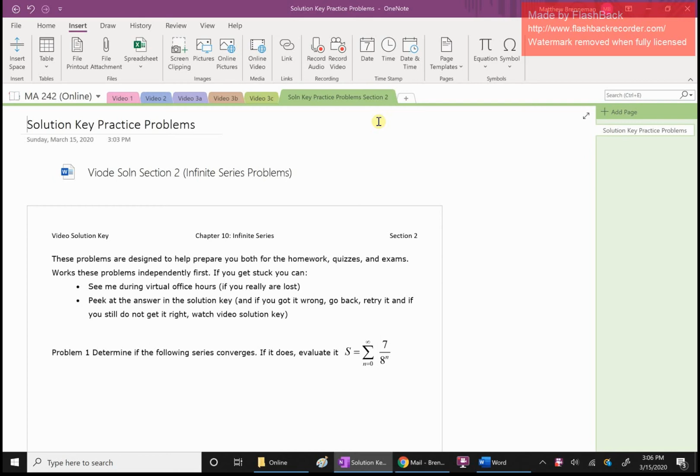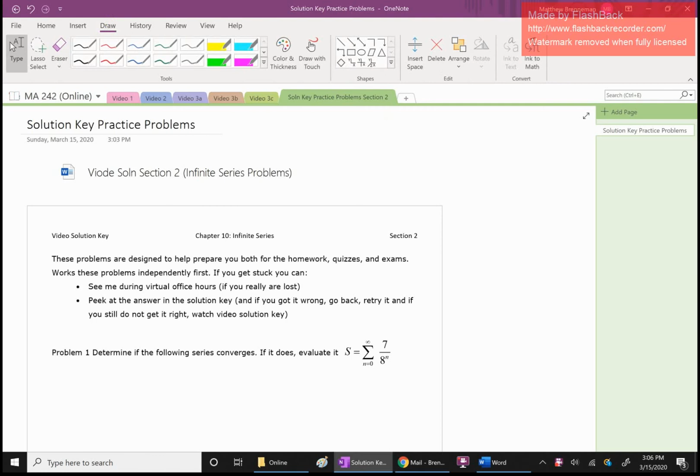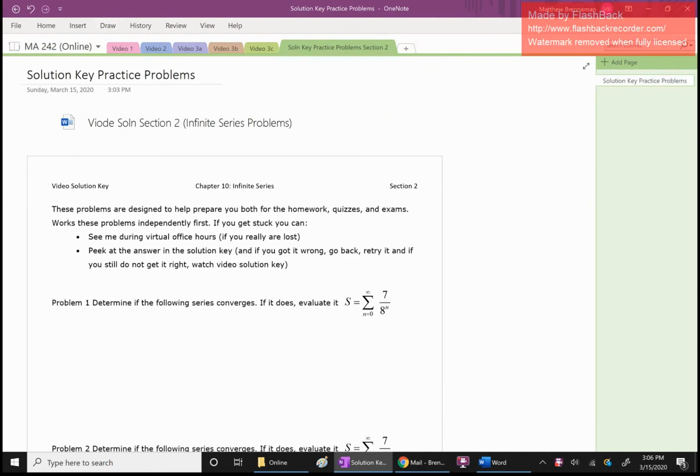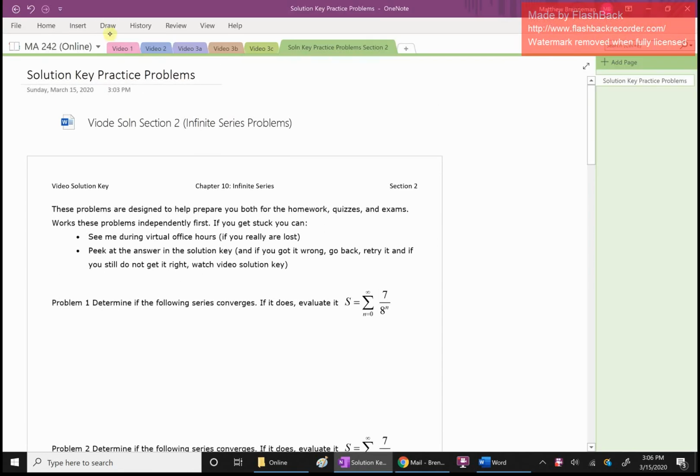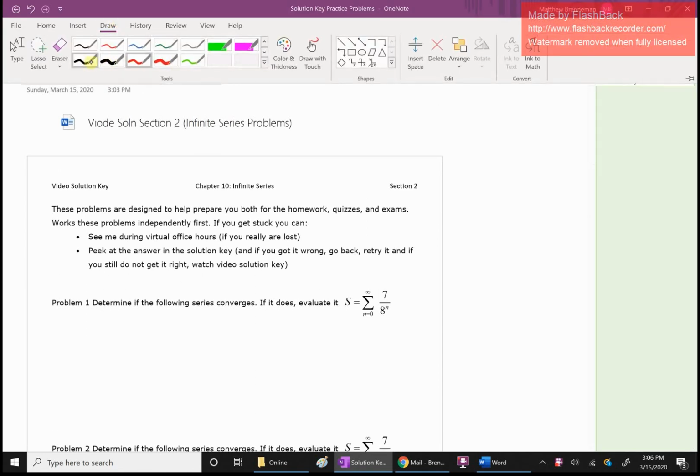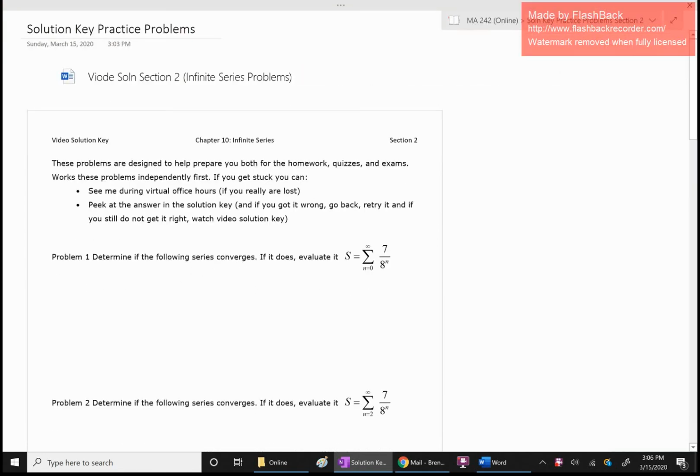So we start off with this first problem. It wants to know, does this particular series converge? And if it does, what does it converge to? So the first thing I'm going to do is test for non-convergence.